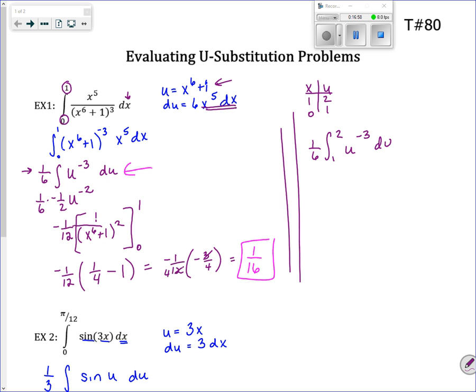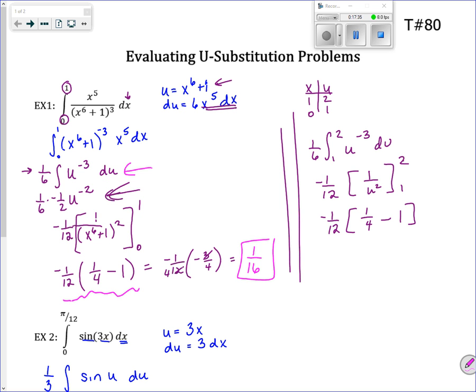Which means when I integrated, looking at this line right here, I could get 1/12 and 1 over u squared. Notice if I've changed the bounds, I could technically never put it back in x if I chose to do it that way. So I'd have negative 1/12. Do you see I would get the same thing? 1/4 minus, plug in 1, 1, and notice I'm exactly in the same spot as I was.